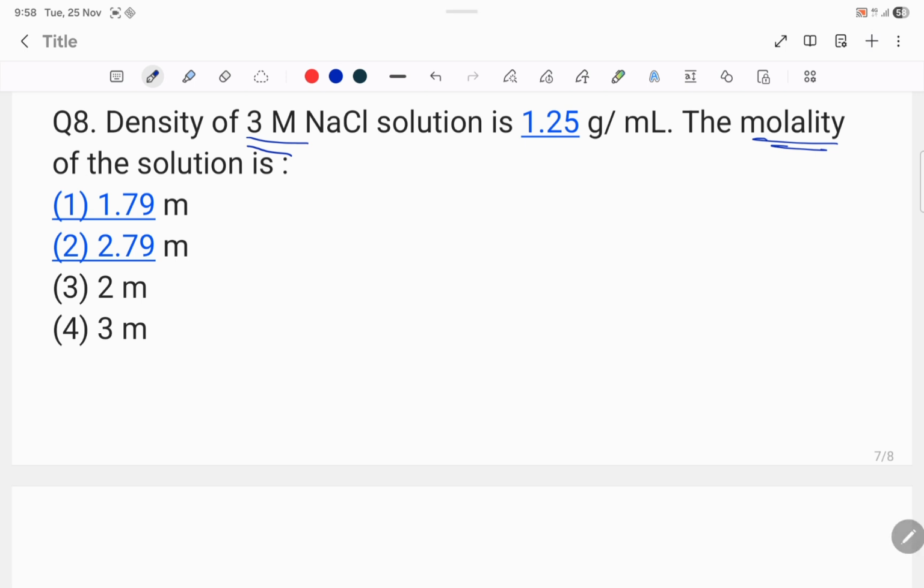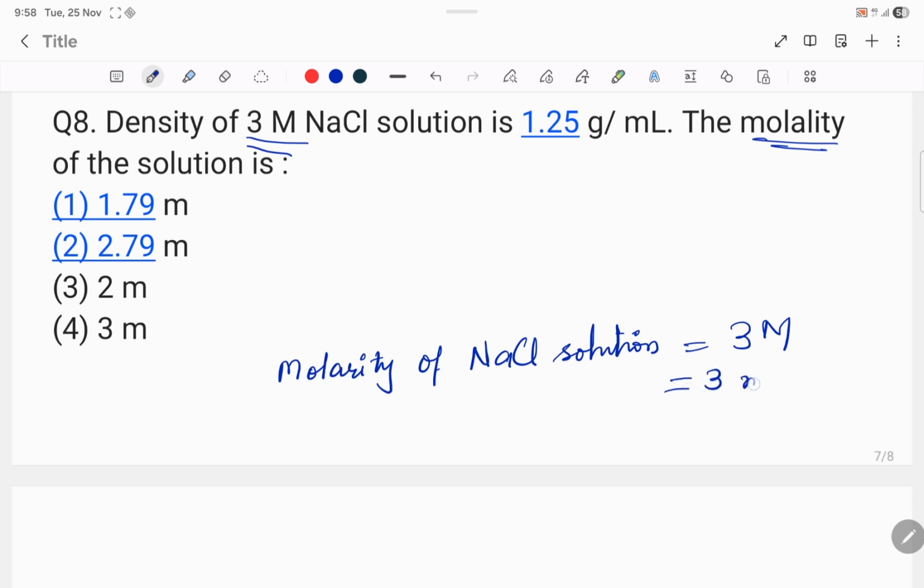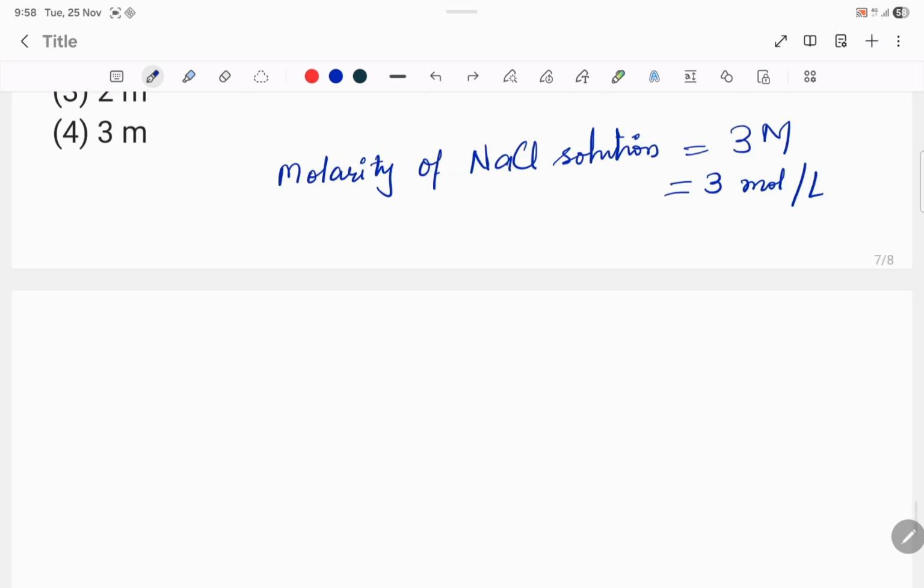So in the question, it has been given that the molarity of the given sodium chloride solution is 3 molar. That means 3 moles per liter. All right.